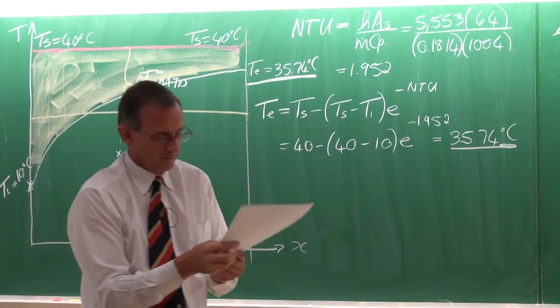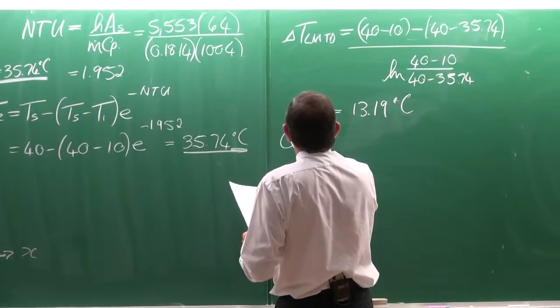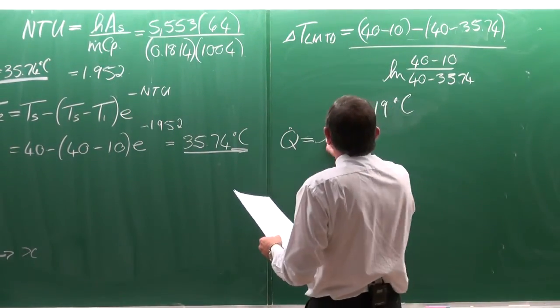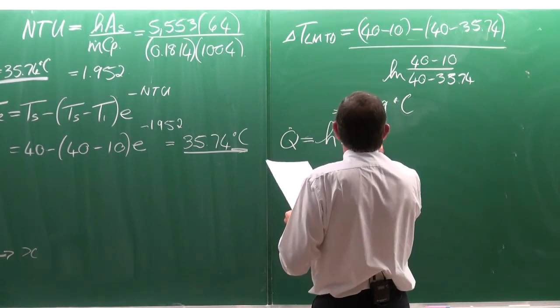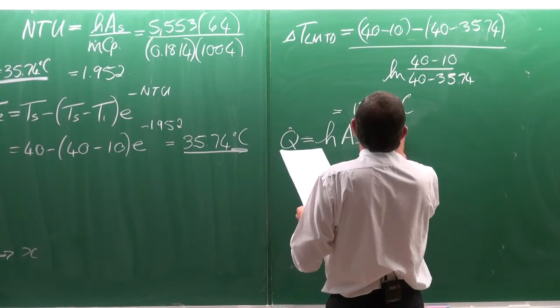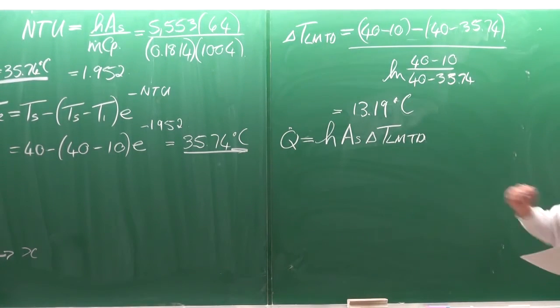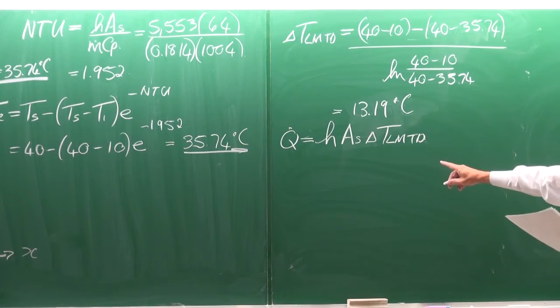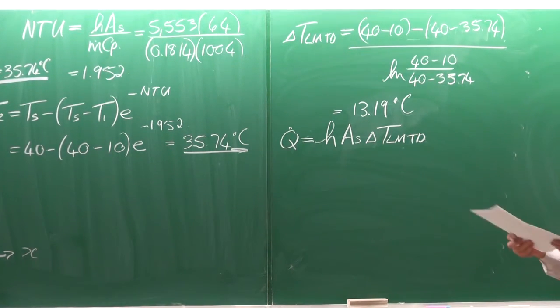13.19. Right. Now, I can go and calculate the heat transfer rate. The heat transfer rate is the heat transfer coefficient multiplied by the surface area multiplied by the LMTD. That is the correct way of calculating the heat transfer rate if we've got constant wall temperature.